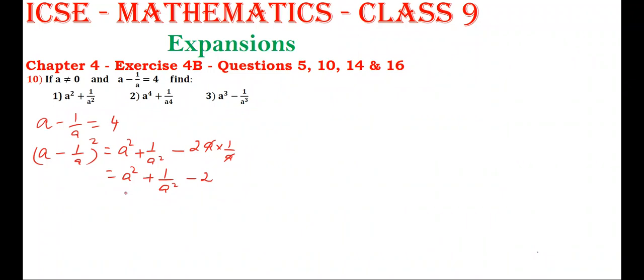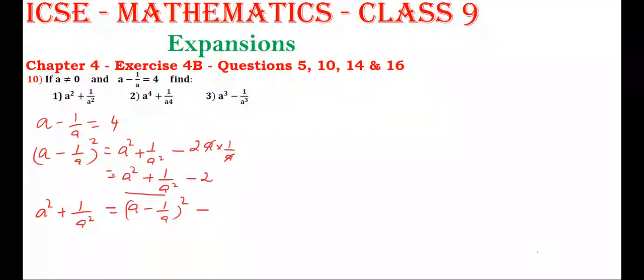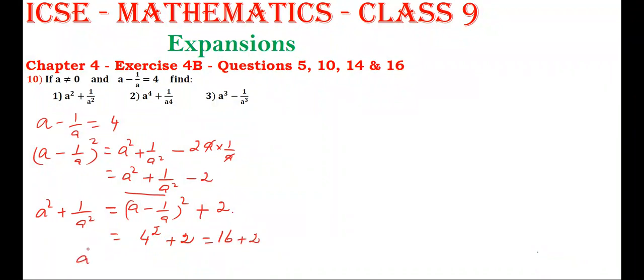So we keep this on the left hand side: a square plus 1 by a square equals a minus 1 by a the whole square, and the minus 2 will go to this side, so it's plus 2. A minus 1 by a, they have given, is 4, so equals 4 square plus 2, 4 into 4 is 16 plus 2. So a square plus 1 by a square equals 18. This is one answer.